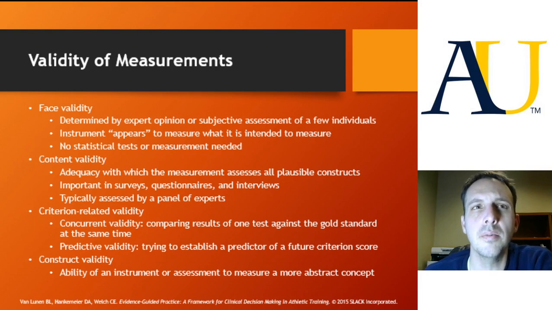And so lastly, to review the ideas of validity of measurements that we discussed previously: face validity, content validity, criterion-related validity, and construct validity. These are now the validity of the measures themselves, as opposed to simply the methods of the study.